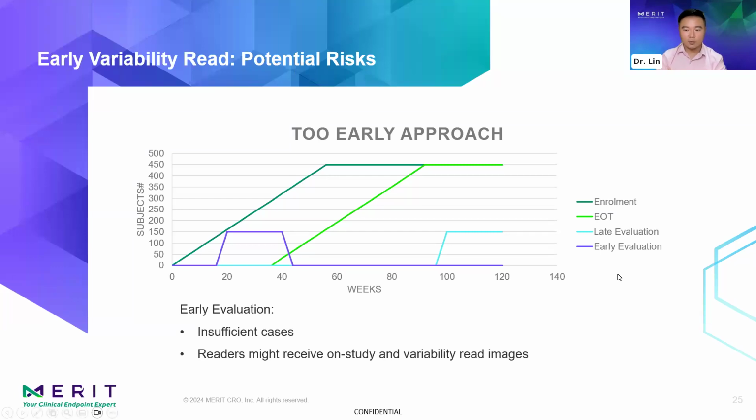Imagine if we were to blind and reassign the completed visit images of our still ongoing participants, and the reader might receive images from both the actual study and the variability read, increasing the risk of unblinding and compromising the integrity of variability evaluation.